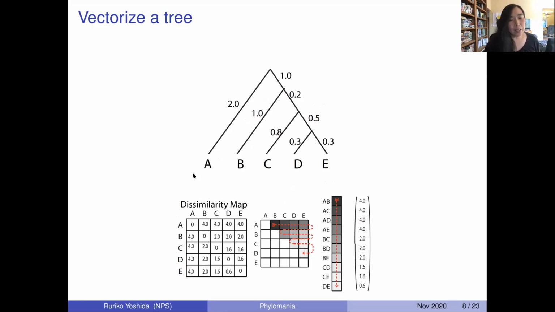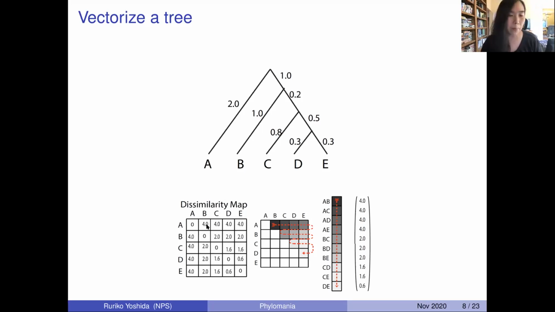Then I'm going to vectorize each tree. First, I calculate pairwise distances. This is the dissimilarity map, or distance matrix. Here I assume that we have a perfect set of gene trees, and from each gene tree I calculate the distance matrix, which is automatically a tree metric. The diagonal is equal to 0, and the ij entry of this matrix is the distance from leaf i to leaf j.